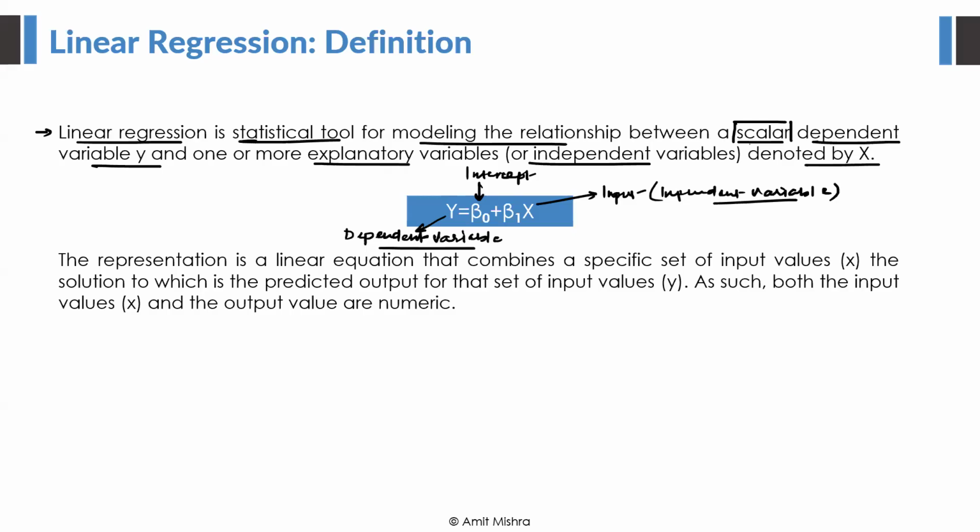The x value could be one or more, and for every x value there will be a coefficient value. This is a very simple equation, and your y should be of continuous type; if x is also continuous, it will fit better.